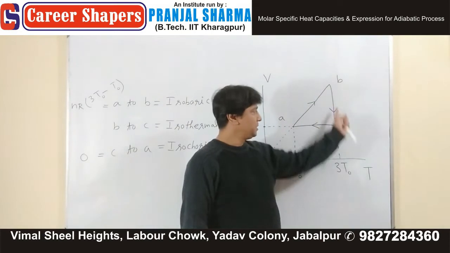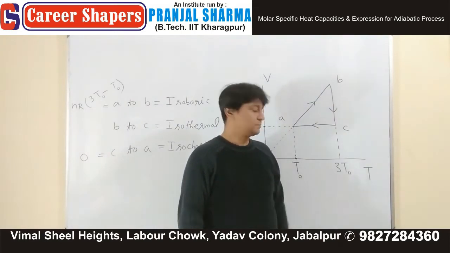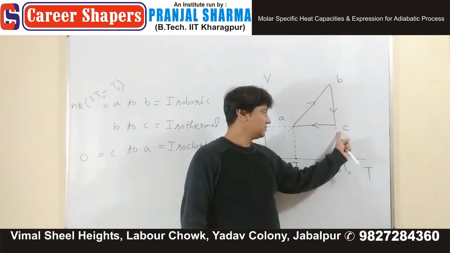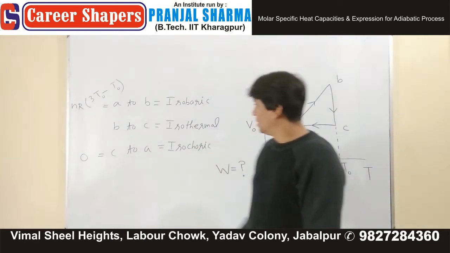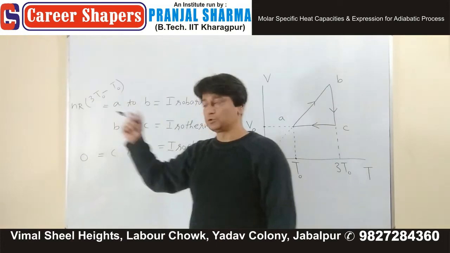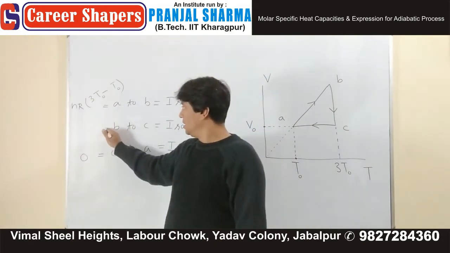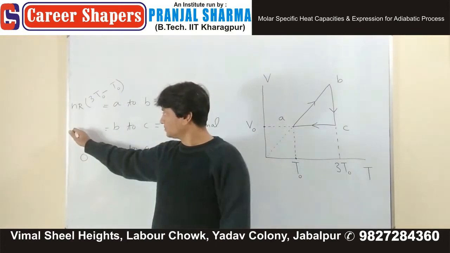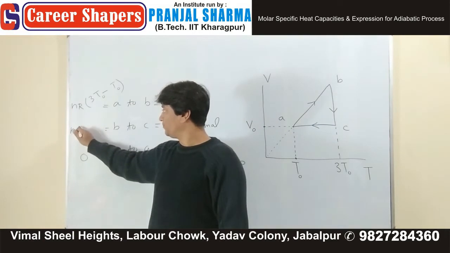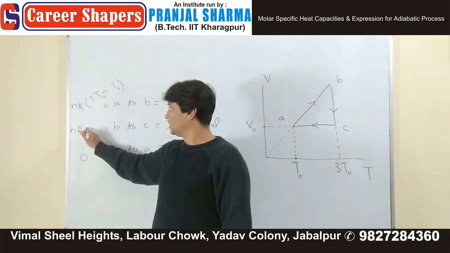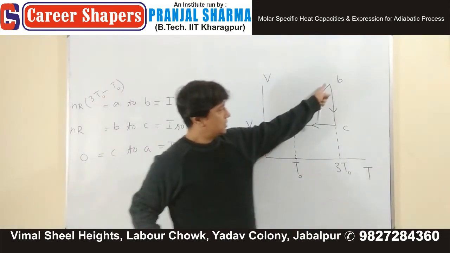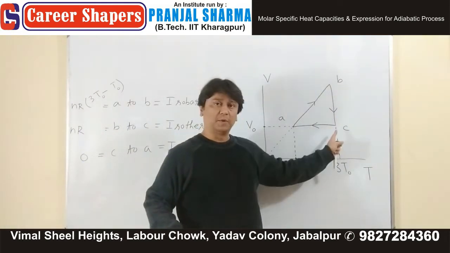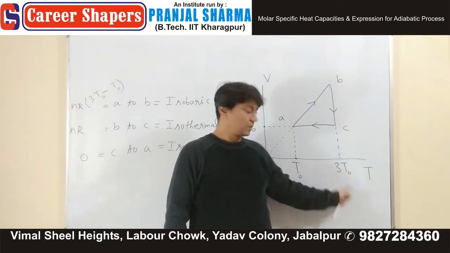Now it's about B to C. What is B to C? It's an isothermal process. What is work done for an isothermal part? nRT. Which T? Temperature of the isothermal part. What is that? 3 T naught.